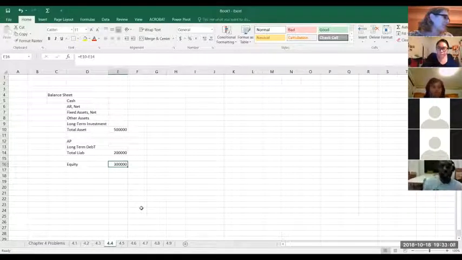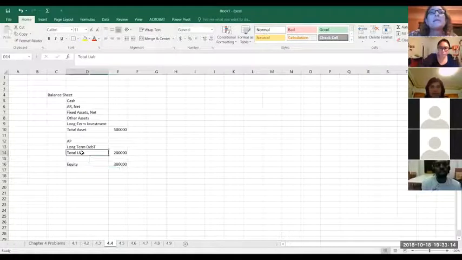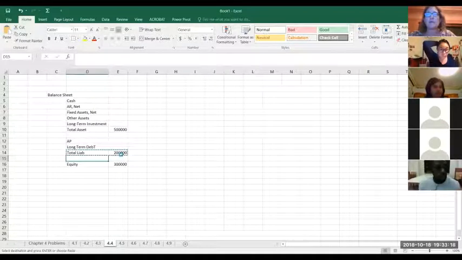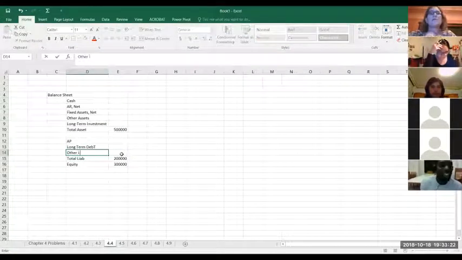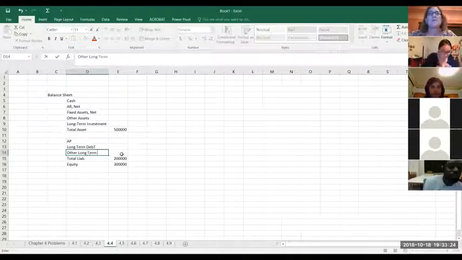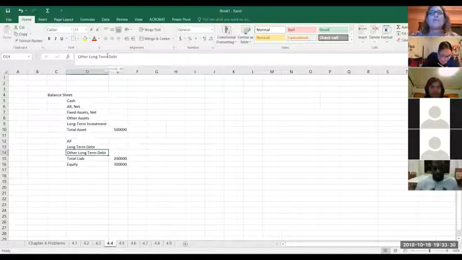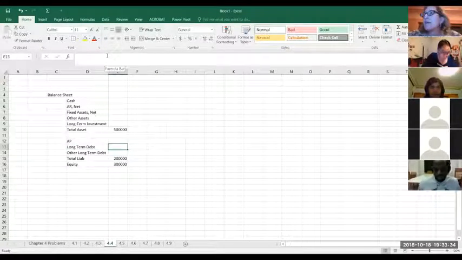One question. This one had other long-term liabilities. So is that also included in total liabilities? Oh, I missed it. Thank you. Okay, so let's put that in here. Good job for catching that. So it sort of depends on what it is, but long-term debt means anything that's over a year.